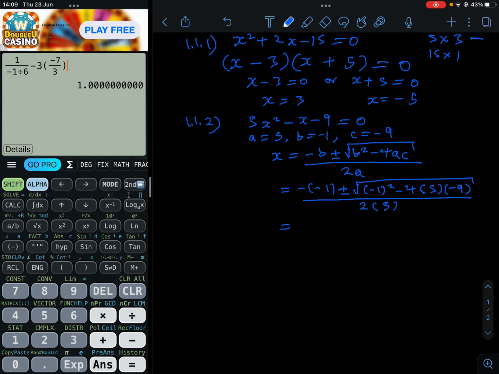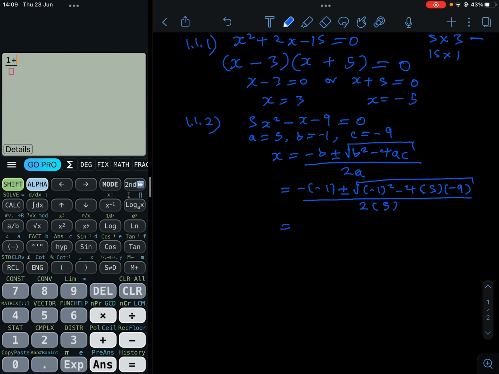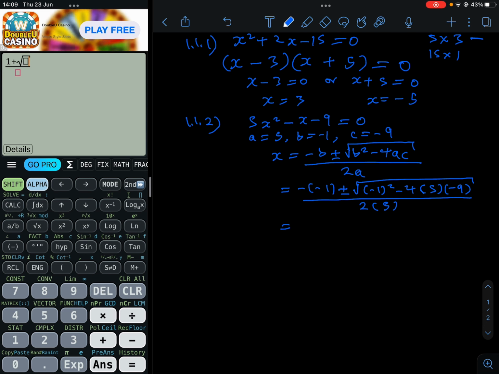So we're going to use the calculator to simplify this part here. I'm going to clear all this. So we're going to do this. It's negative 1 times, negative times negative, so that's a positive, plus, we'll start with the plus, the square root of, open bracket, negative 1 all squared, minus 4 times a, which is 5, times c, which is negative 9.